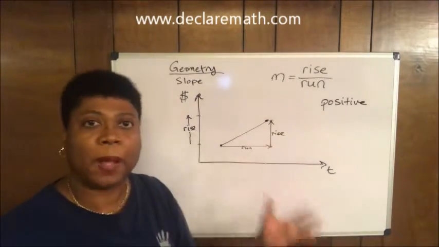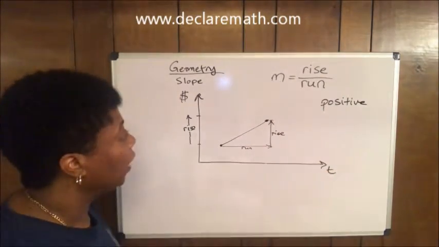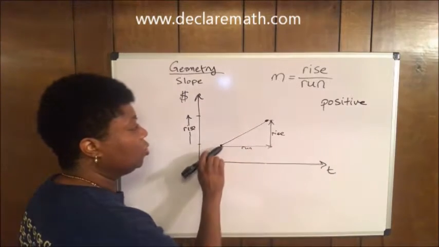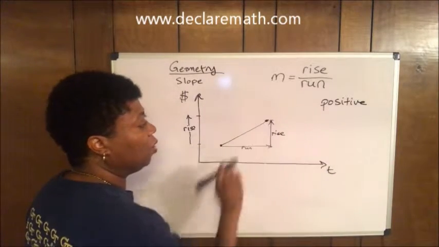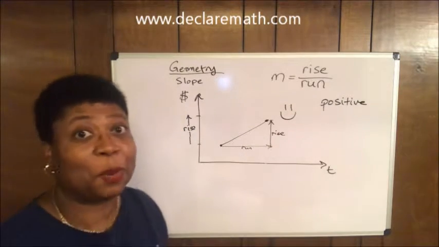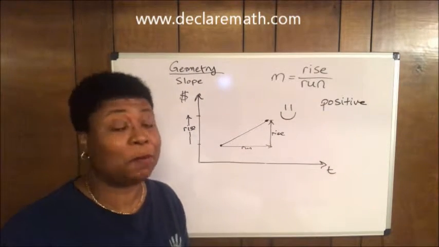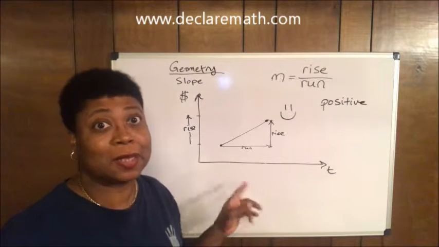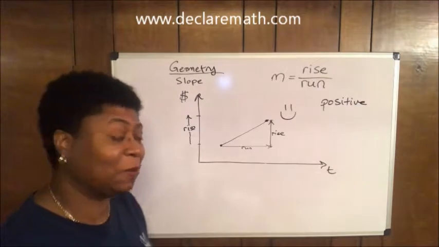So a positive over positive gives you a positive. And notice that as you increase money over time, you're happy. You're positive. Trust me, you're positive when the money is going in the right direction.